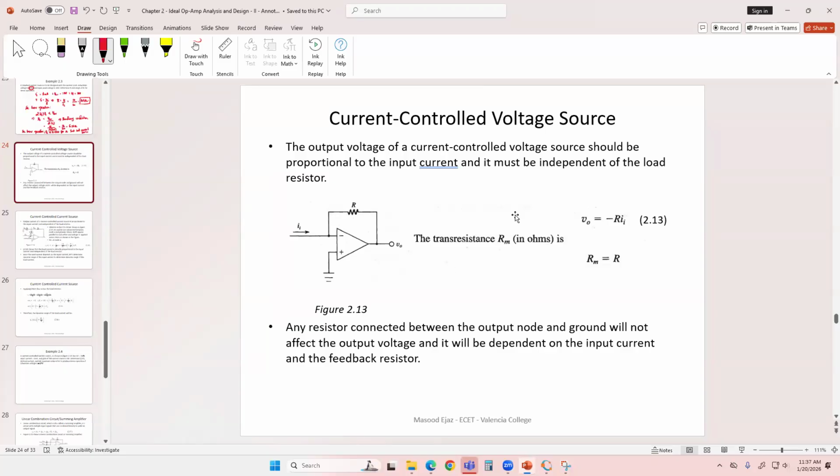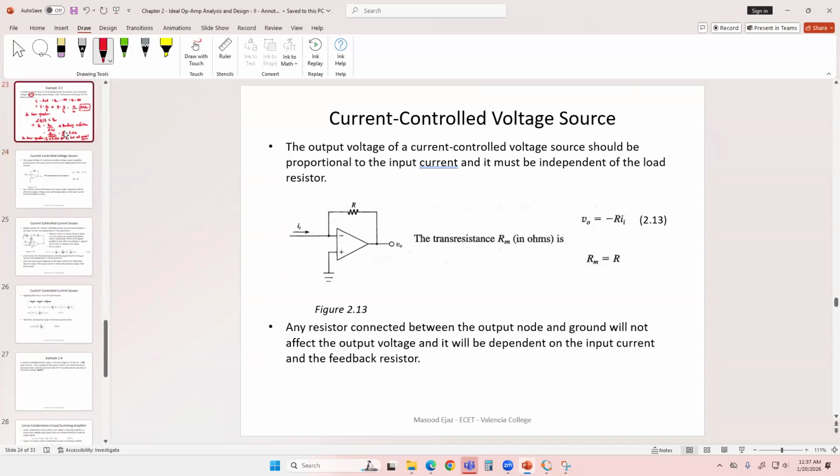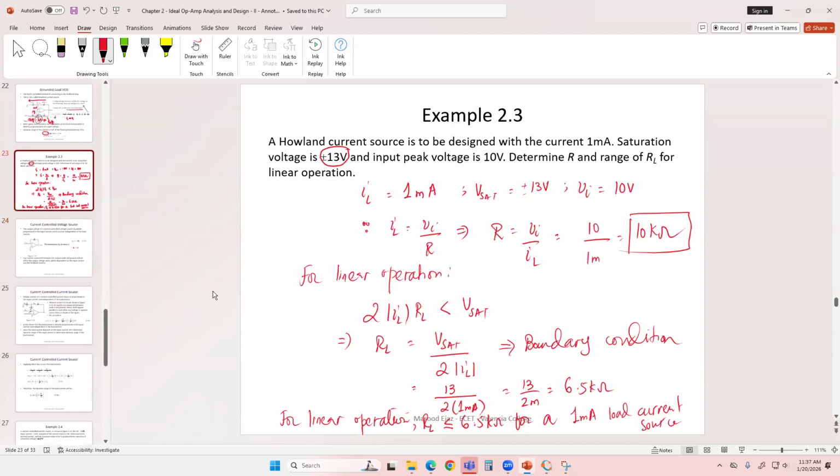Yes. For this, your peak voltage is 10 volt input. No, peak input volt, because remember, in a voltage controlled current source, the load current depends only on the input voltage, not on the load resistor.